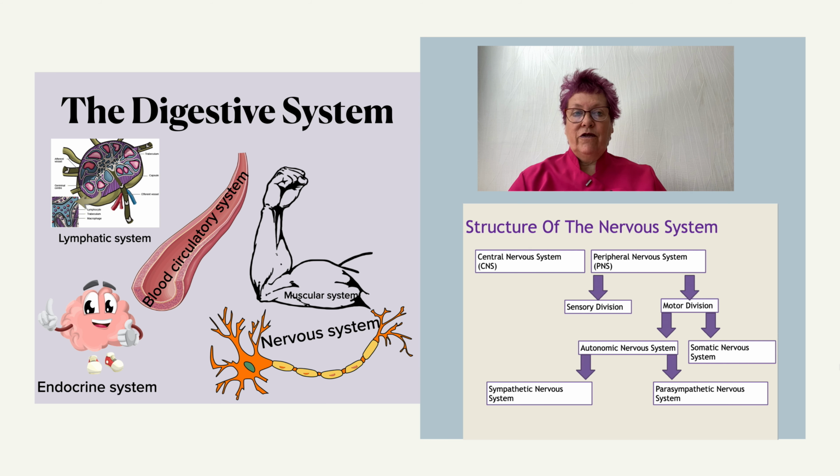The sympathetic nervous system is that which controls actions related to the fight or flight response. The body comes out in sympathy with us, the sympathetic nervous system, and it controls different activities within the body then.